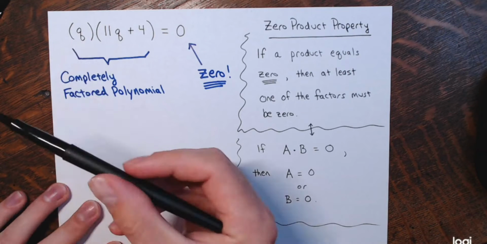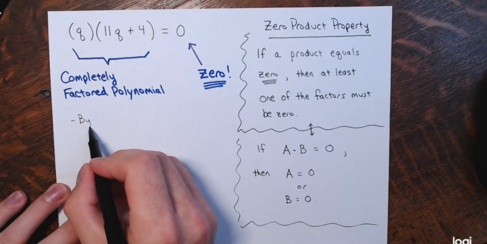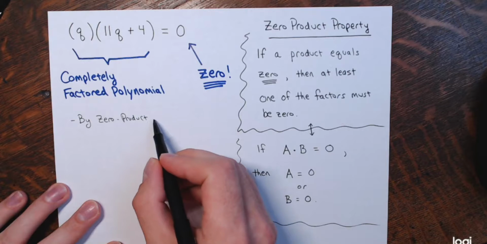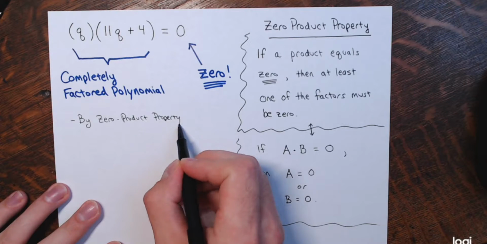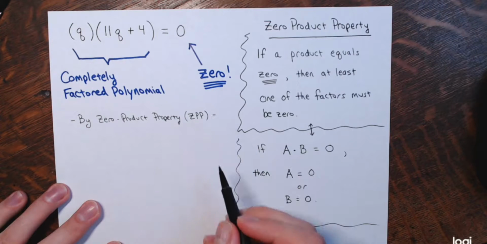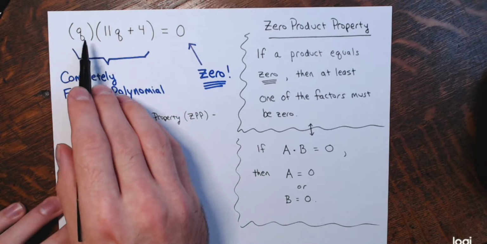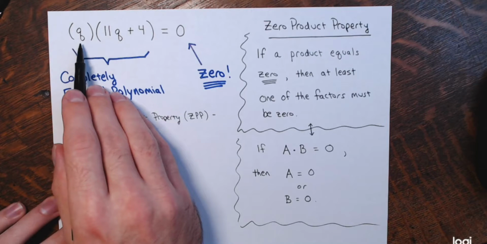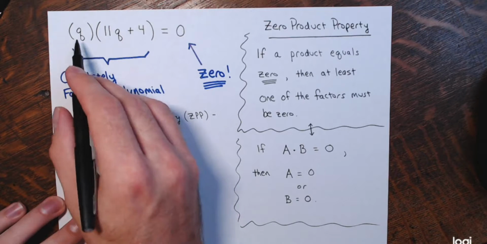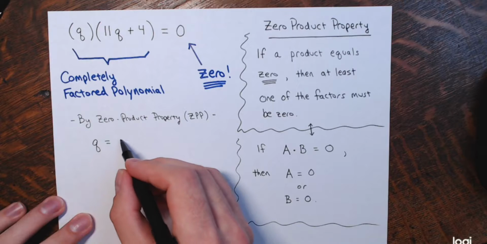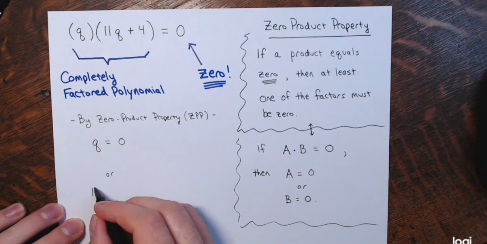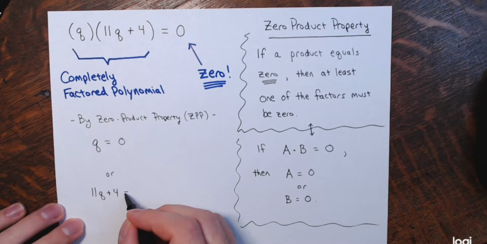So by the zero product property, and you know what, I'll abbreviate this ZPP for the rest of the examples. In order for this product, q times 11q plus 4, to be equal to 0, either that first factor is 0, so either q equals 0, or the other factor of the product, 11q plus 4, equals 0.